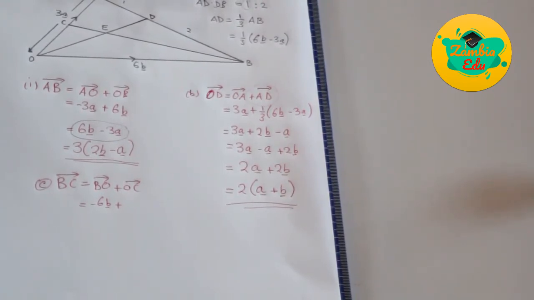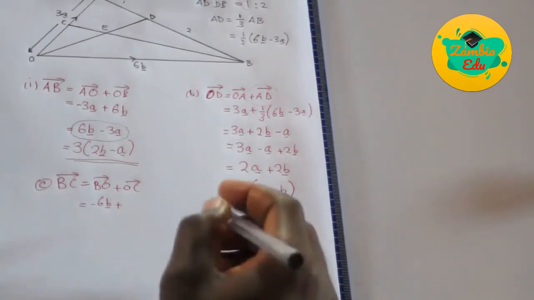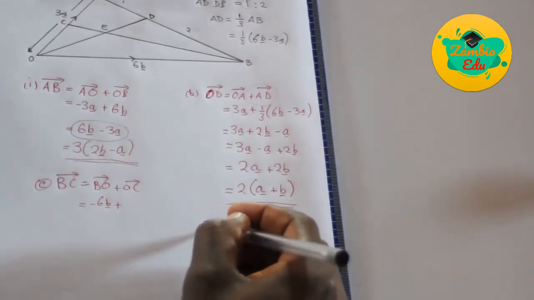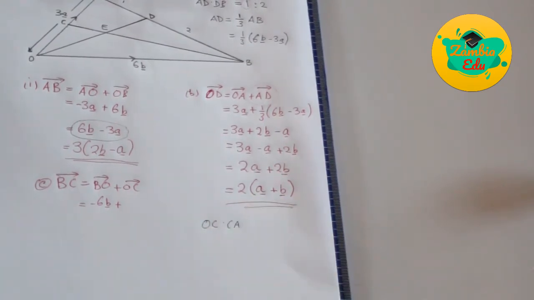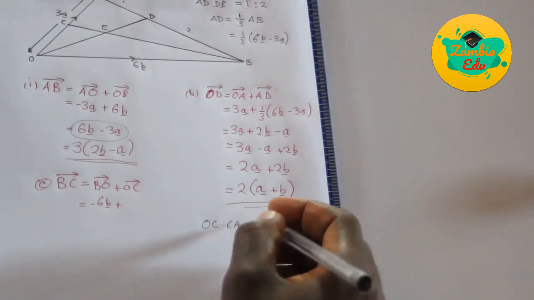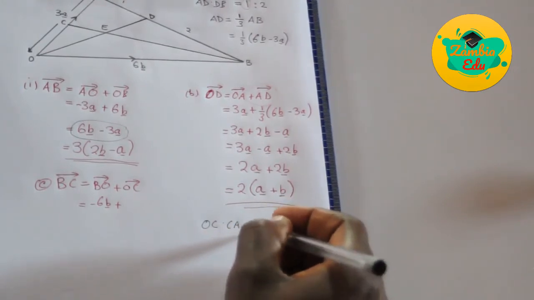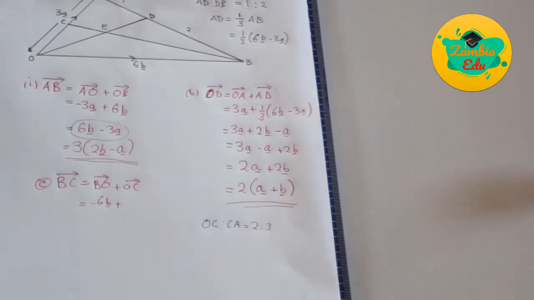In the main question, we were given a ratio, and the ratio said OC to CA is equal to the ratio 2 to 3.